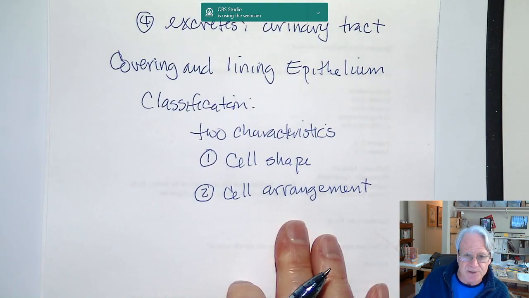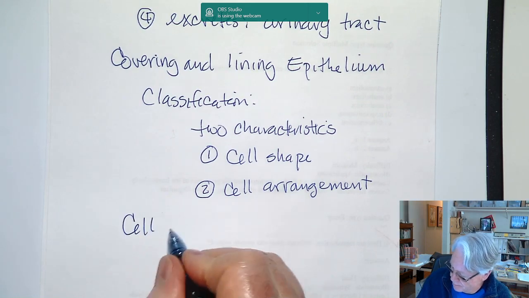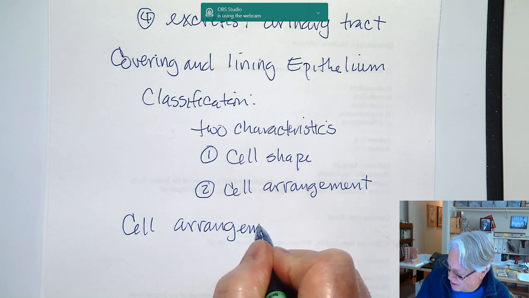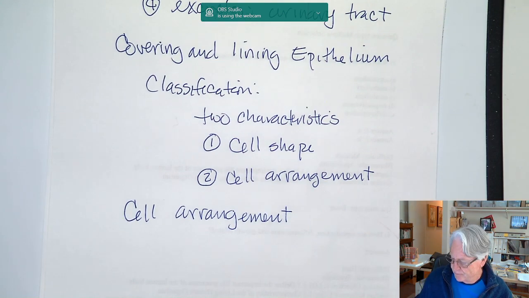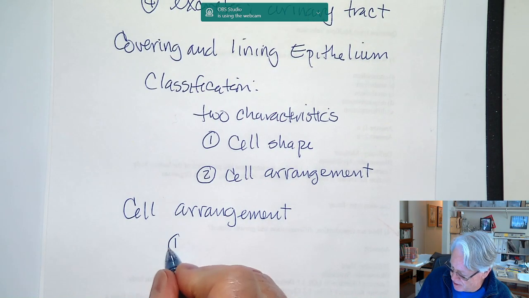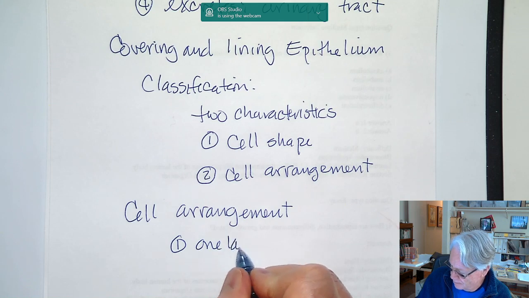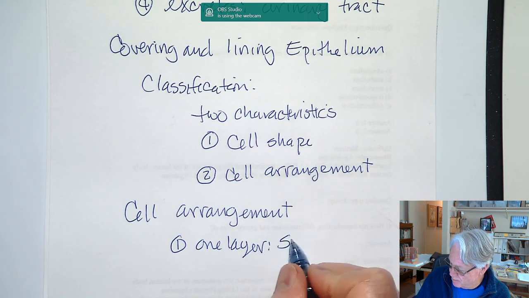Let's begin with the last one first. That would be cell arrangement. And here we can talk about a number of different systems. So we can talk about a single layer, one layer, and that would be identified as simple.